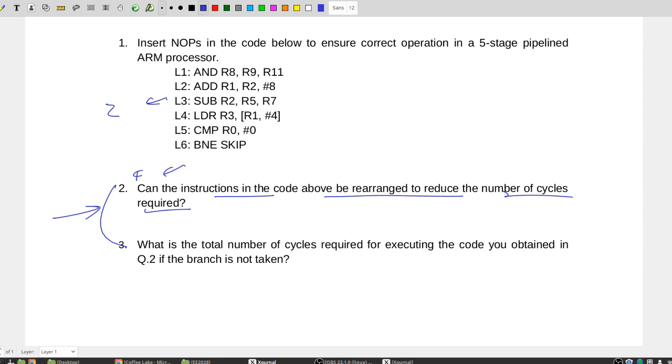So if you can move any independent instruction forward, then the effect of the instruction will be retained, which means you are doing some useful work while ensuring that the spacing is increased to ensure accuracy of execution when you have 2 instructions with dependencies. So here, between this and this, you need to have spacing of 3. Currently there is only 1. That's why you have to insert 2 NOPs. So can you do any rearrangement to reduce the number of NOPs required?